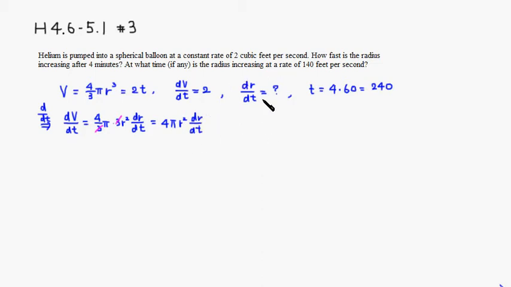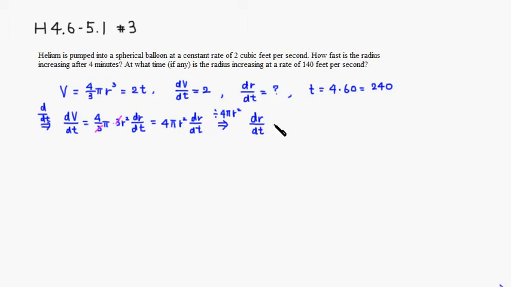Since we're looking for dr over dt, let's solve for dr over dt. We just divide through by 4 pi r squared, and then dr over dt is all by itself.